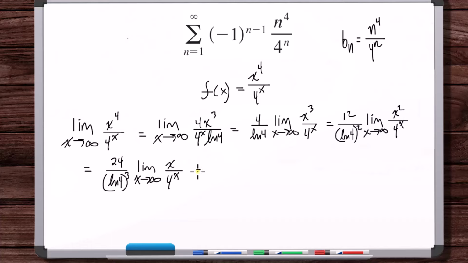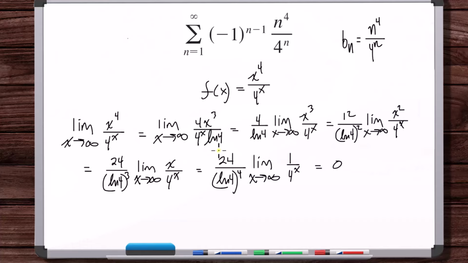That's infinity over infinity again, L'Hopital's rule. So this is going to be just 1, and then this will be 4 to the x natural log of 4. So we've got 24 over natural log of 4 to the 4th, limit as x approaches infinity of 1 over 4 to the x. And that goes to 0.